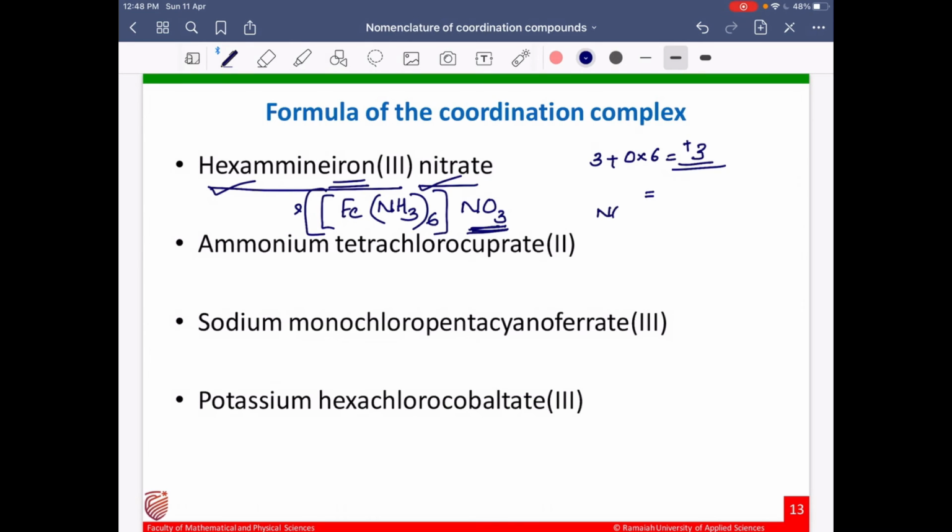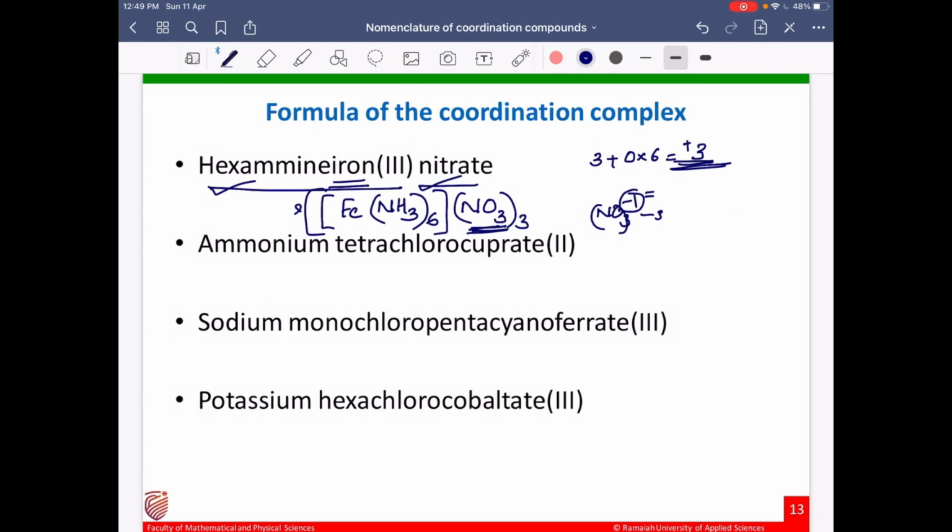But we know that NO3's charge is only minus 1. So to get minus 3, which will satisfy the plus 3 charge from the complex ion, we have to multiply minus 1 with 3. So a total of 3 nitrate groups should be there in the formula.